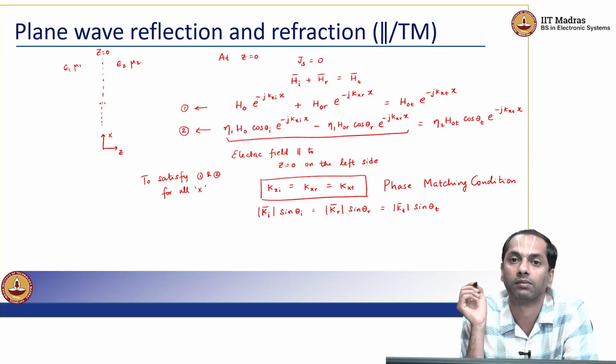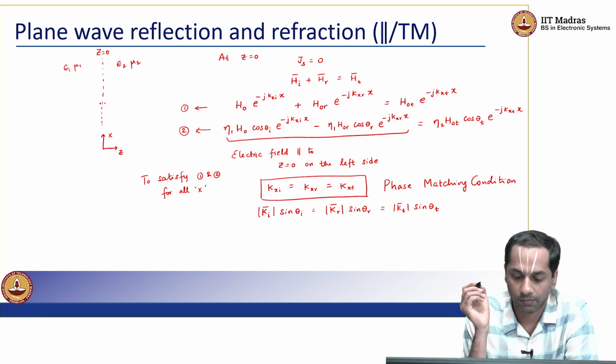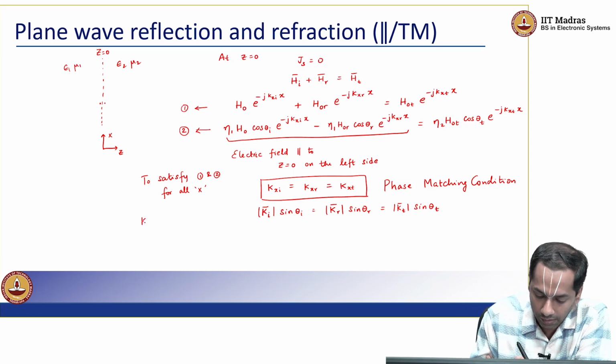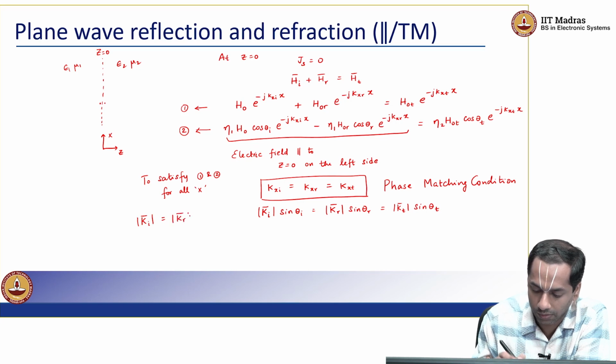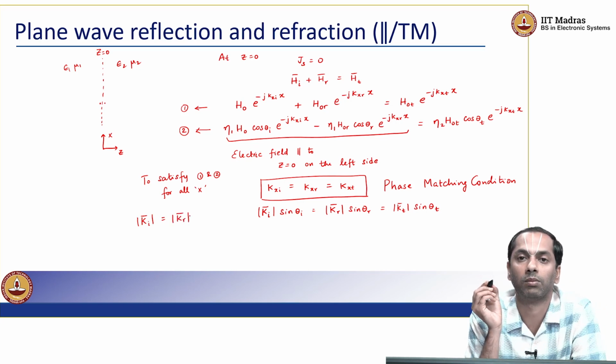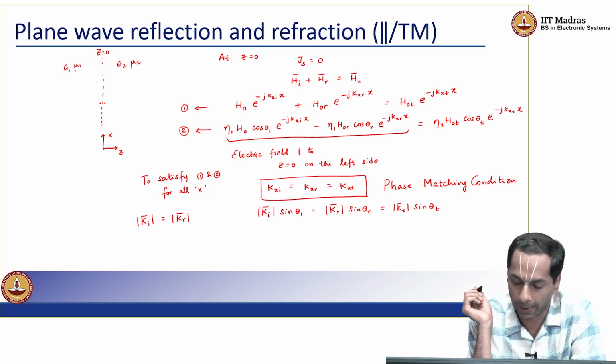Okay, but remember ki magnitude is equal to kr magnitude. Remember, the modulus of the k vector for a plane wave in a given dielectric medium is the same. It is given by the relation omega square root of mu times epsilon of that medium.